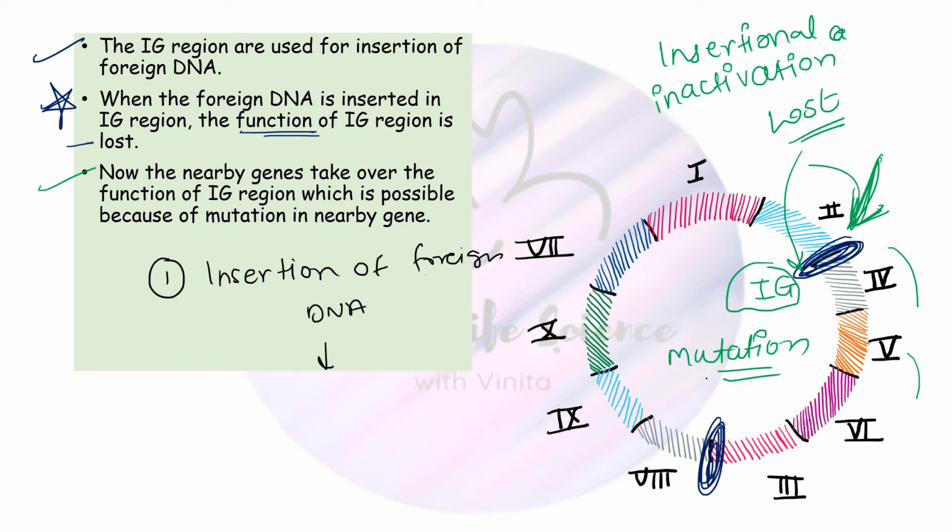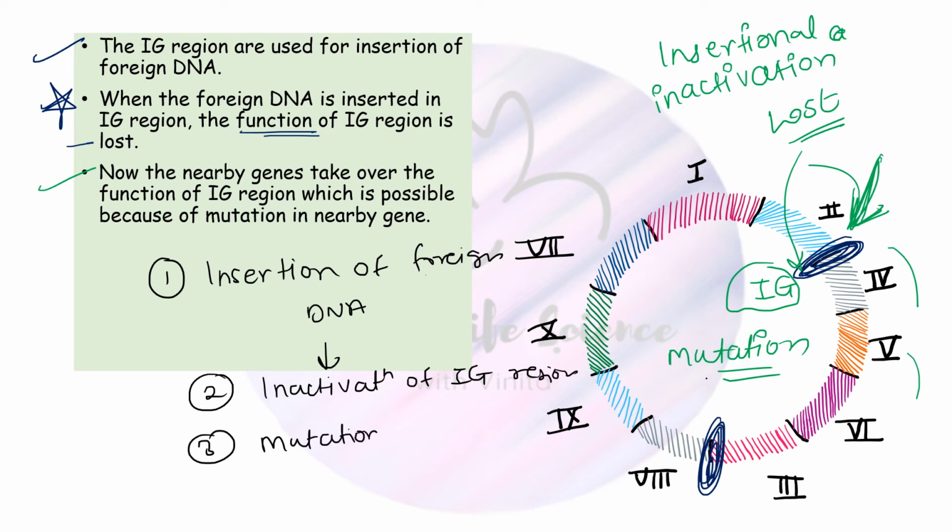This insertion of foreign DNA causes the inactivation of the IG region, and this inactivation leads to mutation in nearby genes, and the mutation in nearby genes causes them to act as the IG region. Means now they are going to regulate the gene expression as well as the replication.